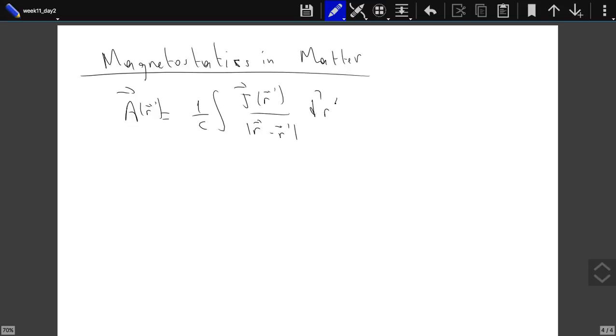Now if you consider matter, we can distinguish two kinds of currents. The currents that we actually put there: if you take some metal, a conductor, you can send a current through it. But as we send a current through the material, we are sending charges, and those charges will also change the properties of the already existing charges.